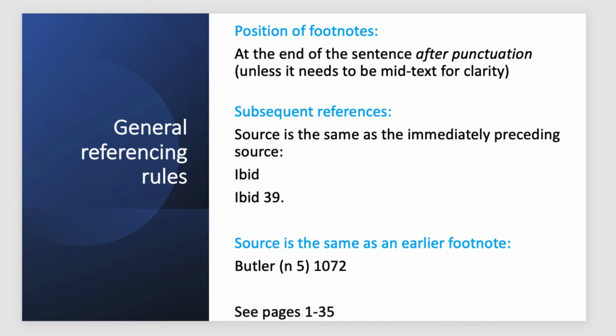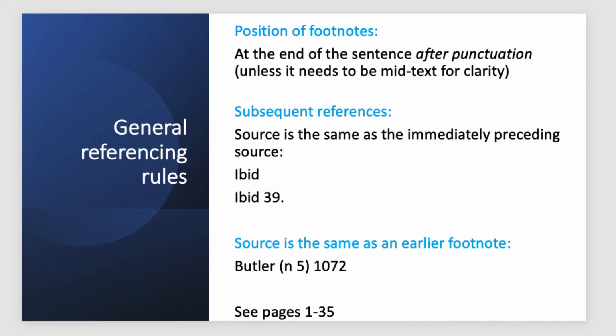Now, if the pinpoint reference is different, but it's still the same source, you can use IBID and then a space and then the new pinpoint reference. So here in the example, you can see IBID 39. That tells us that the source is identical to the one immediately above it, but the pinpoint reference is page 39 instead of whatever appears in the previous footnote.